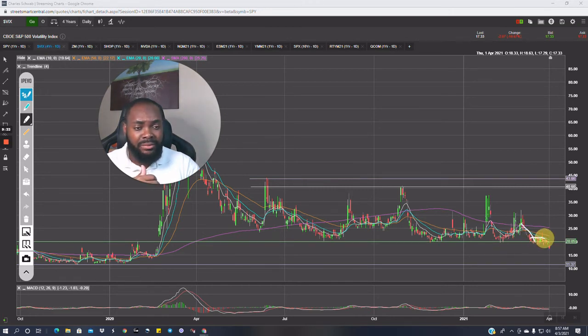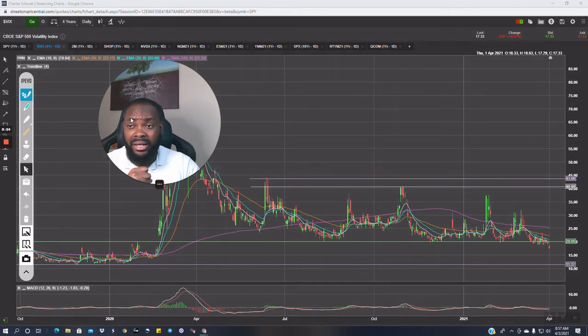So right around this level, we realized that the VIX was pretty much building a bear flag at support, right? So boom, we had support, VIX building a bear flag, and we officially broke down on Thursday, right? And why is this important?